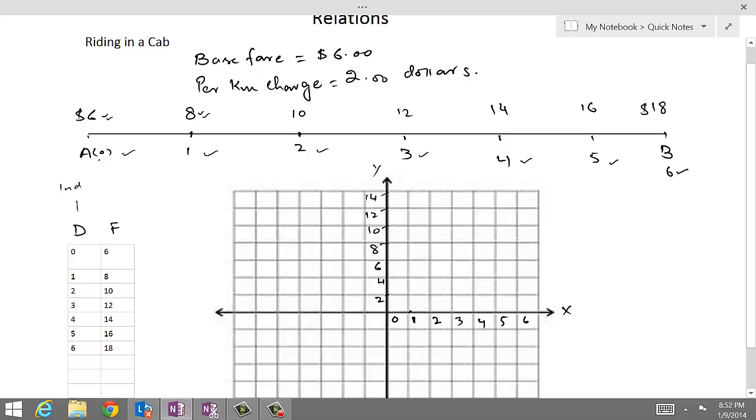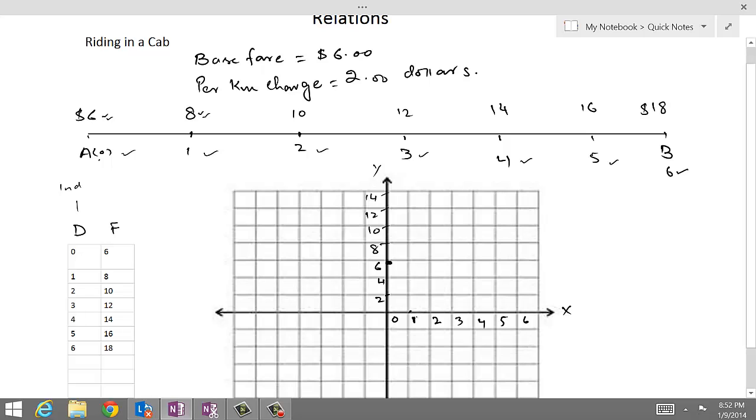We don't have to plot all of the points, just few points are good enough. For 0, that's 6, so the first point is going to be right here. So make it a point. 0, 6.